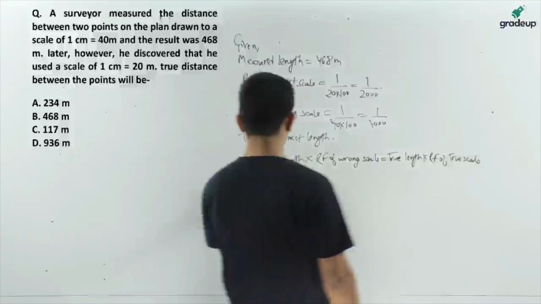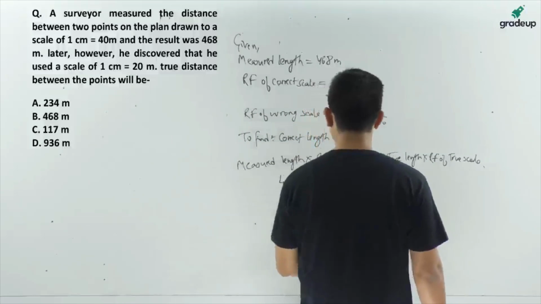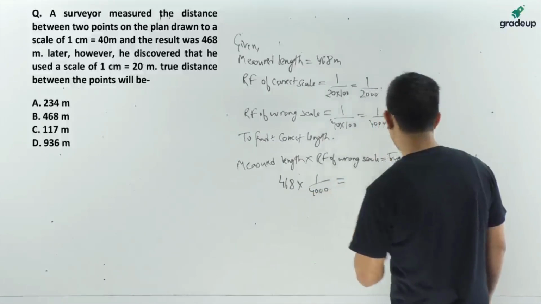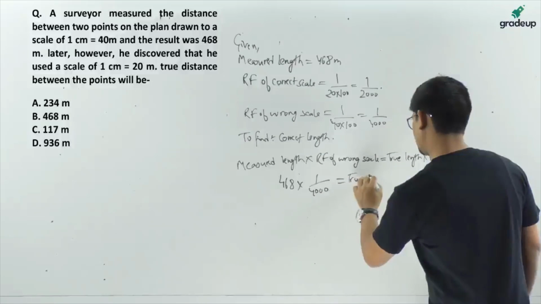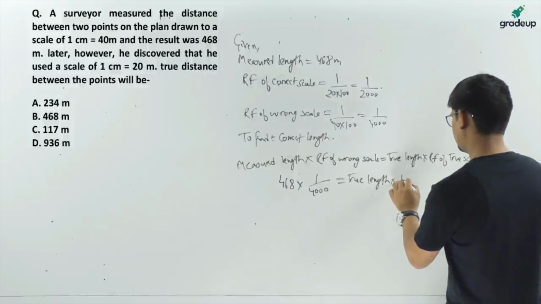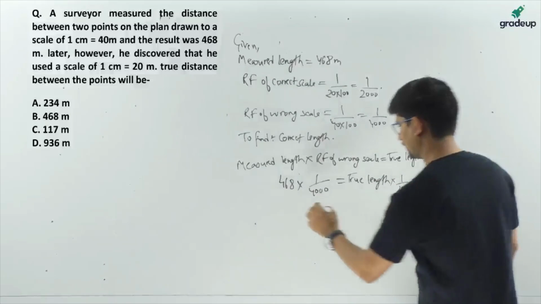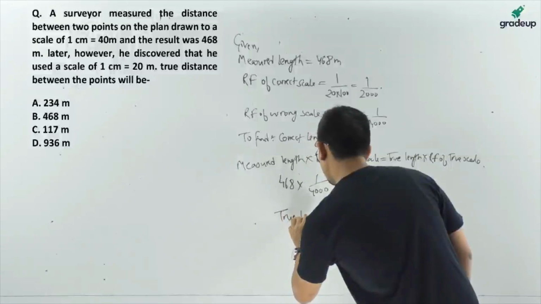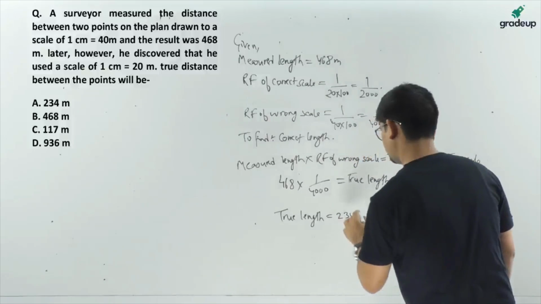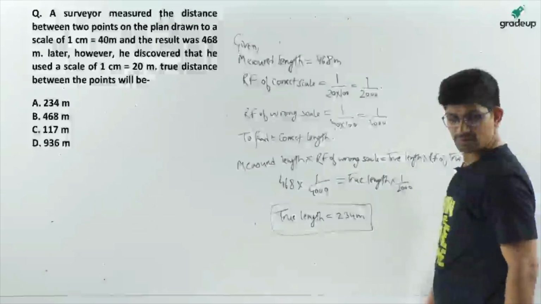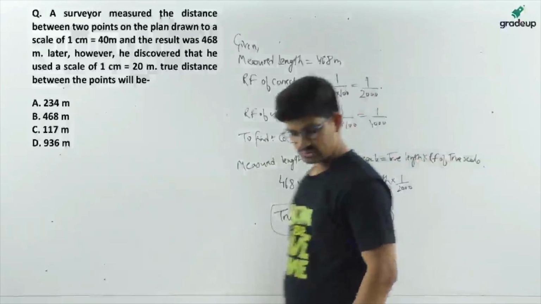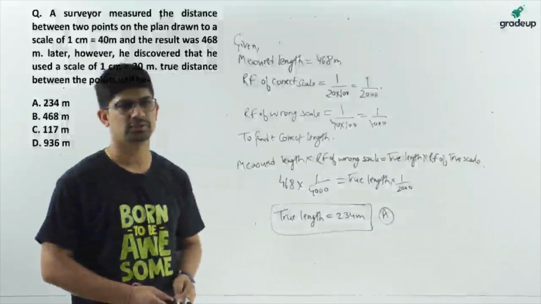So measured length is 468 meter. Okay, wrong scale is 1 upon 4000 is equal to true length, which you have to calculate, and RF of true scale is 1 upon 2000. Okay, so true length is equal to 234 meters. So 234 meters is option A. Okay, so option A is the correct answer to this question.